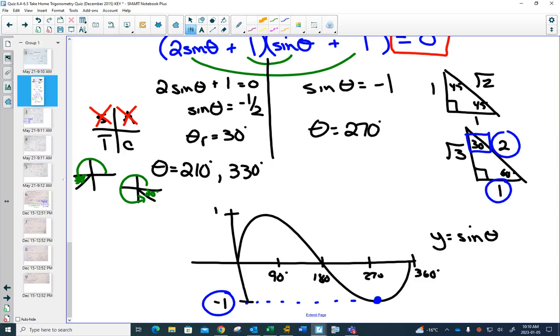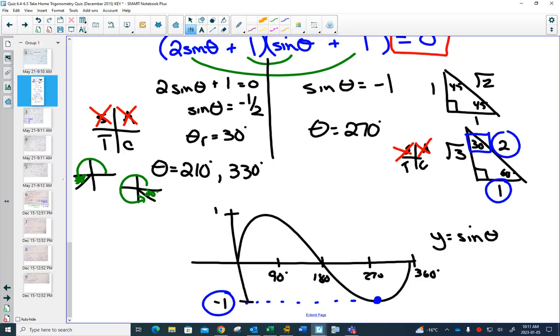Interestingly, if you did have a calculator and you solved this, okay? What would you do if you were doing this side with the calculator? Well, you would go to your CAST rule, and you would say it needs to be, since sine is negative, in quadrants 3 and quadrants 4.